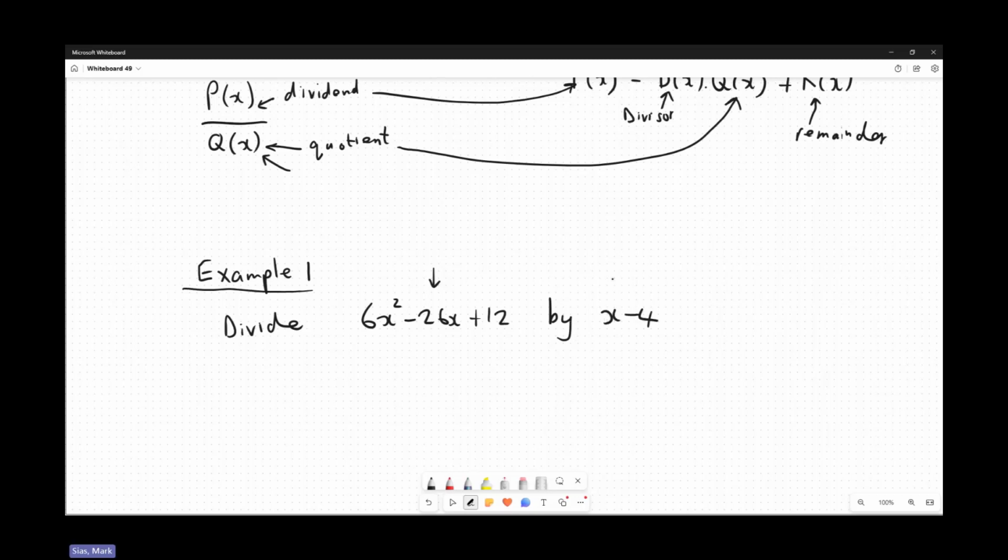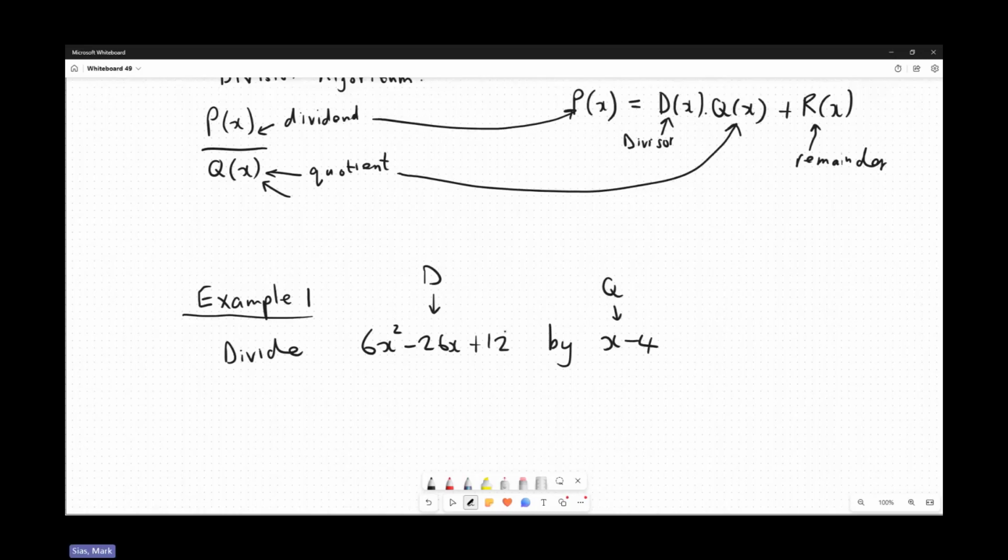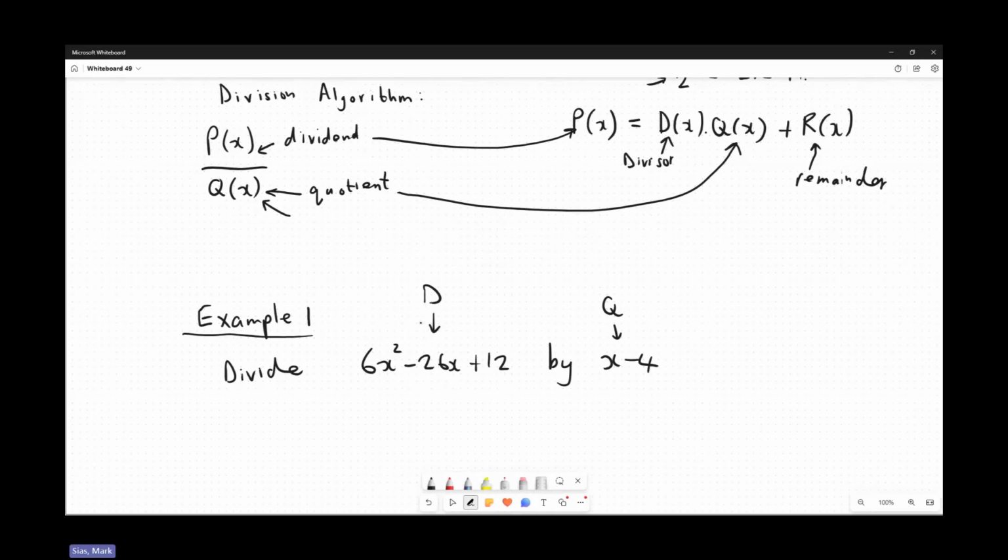This is my divisor, and this is my dividend, p of x. Let me just call it p. This is my p, my dividend. What will result from that is my quotient function and my remainder function also, okay? So this is my p of x, this is my q of x, right?